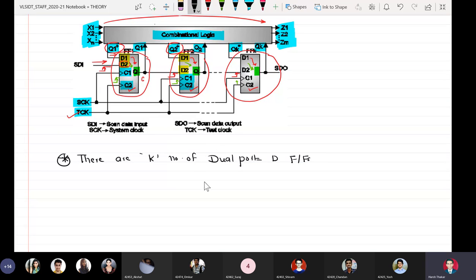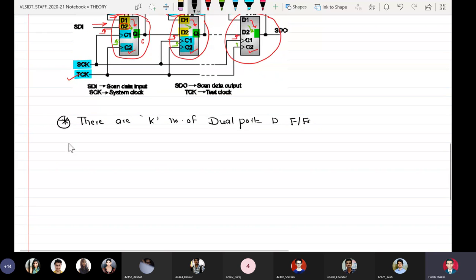Q1, Q2, Q3 up to QK are outputs of k dual port flip-flops. Second important thing is that each flip-flop has two inputs, D1, D2.